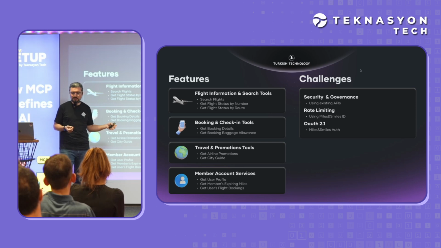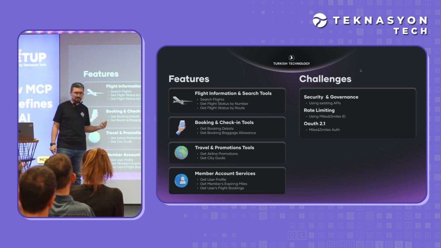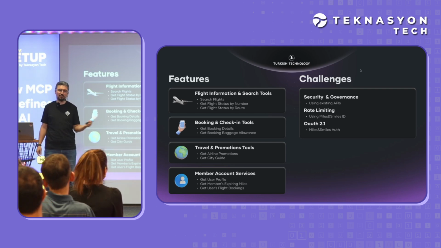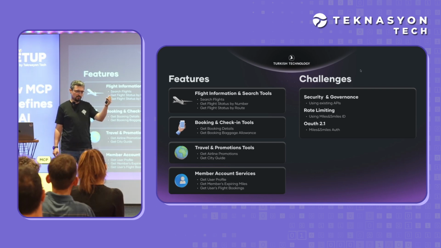All of the tools that we expose right now are read-only, so that we don't do any weird stuff. We don't cancel your booking accidentally and so on. And since we are authenticating to all of our APIs, we had an option to rate limit by your frequent flyer ID. So we have hard limits on how many tools and APIs you can call per day.